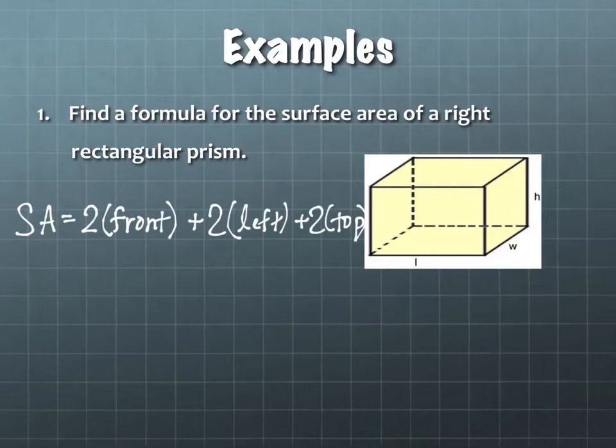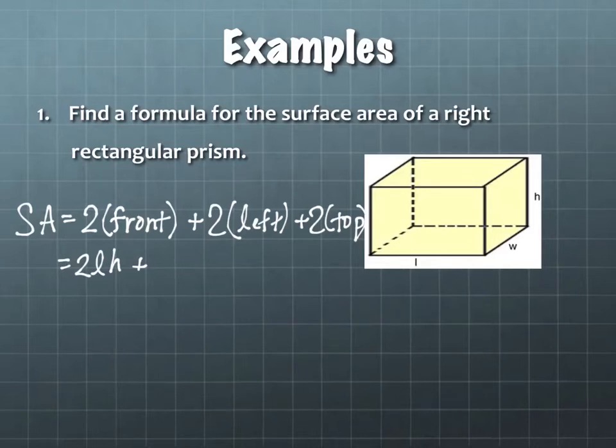So let's look at these dimensions that it gives us for the front. It's a rectangle. L is one of the dimensions. What's the other one? Height. The height, H. So the area of this rectangle on the front is actually what? LH. Yeah, 2 times LH, and we don't really need it in parentheses. The left-hand side or the right-hand side, actually the right-hand side is the one that's easier to see where the markings are.